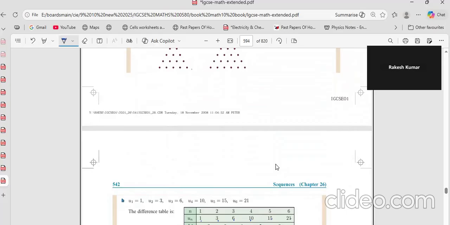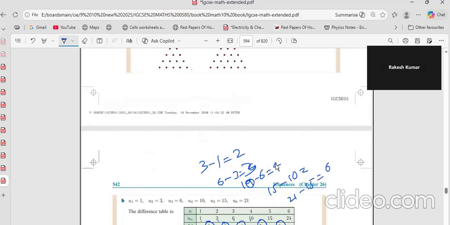First, I find the first difference. 3 minus 1 is 2. 6 minus 3 is 3. 10 minus 6 is 4. 15 minus 10 is 5. 21 minus 15 is 6. The first difference is not constant, so it is not an plus b.